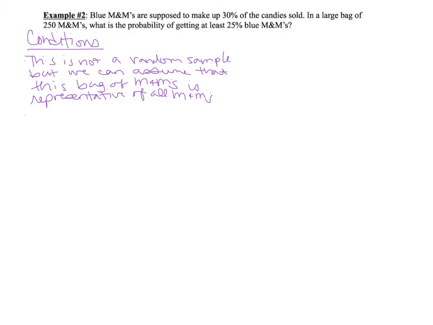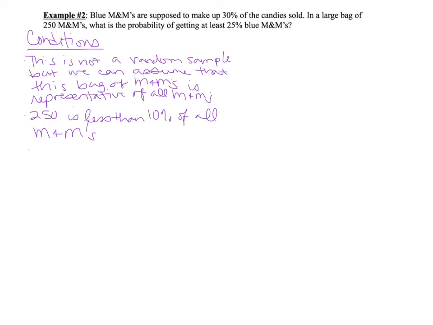My second condition is going to be the 10% condition, and I'm going to say that 250 is less than 10% of all M&Ms. And my last condition is the success failure.